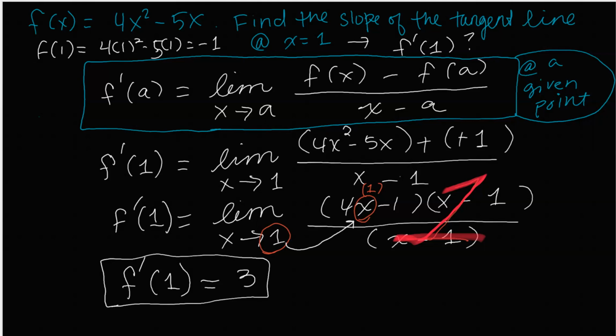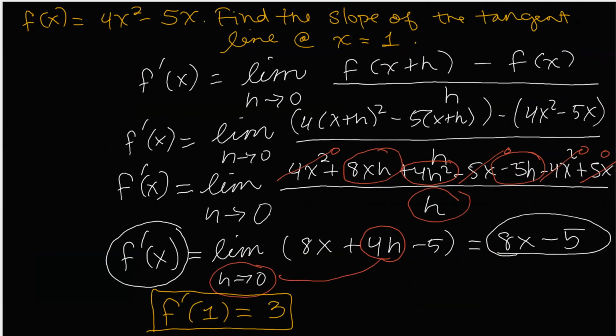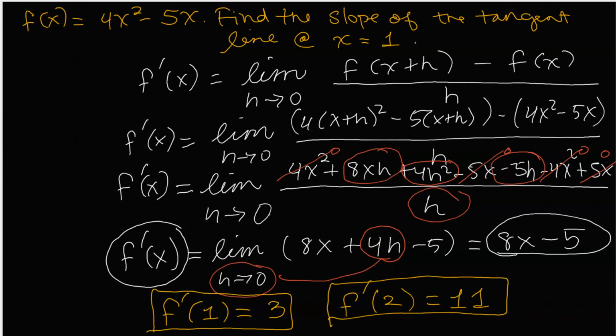I have to go and do all that factoring, dividing things out, taking the limit, and then find that particular slope. Now here, because I have the slope function, if I want the slope at x equal to 2, I can just plug in 2 for x. So then I would have 2 times 8 is 16, minus 5 is 11, right? So I like this better, because I am looking for a slope function, and I can have that function evaluated at any point I want and not have to repeat the process in case I want the slope at a different point.